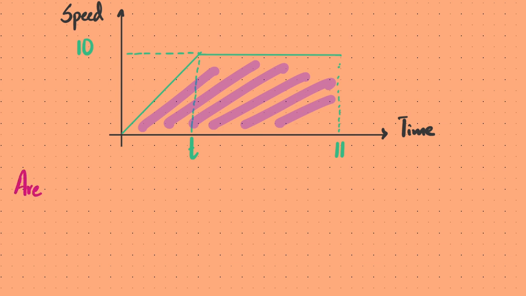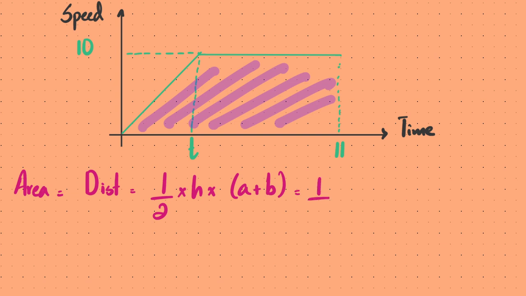So area is half into height into the sum of parallel sides, a plus b. One parallel side is this 11, the other parallel side is, if this is t, 11 minus t. And the height is 10, so half into 10 into 11 plus 11 minus t, and this should equal 100.